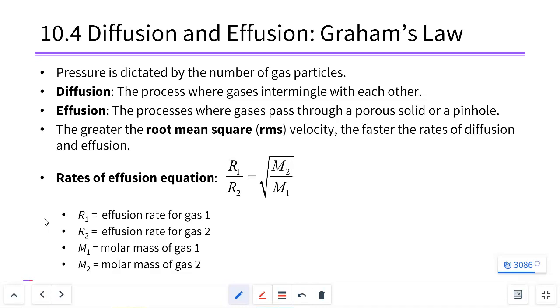Now, just as a point of clarification, Graham's law refers specifically to something called effusion. Effusion is the movement of gas through a small hole.